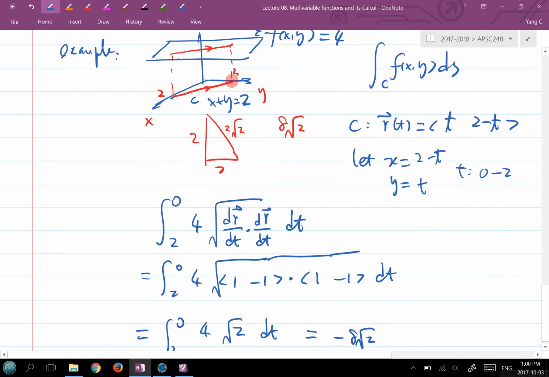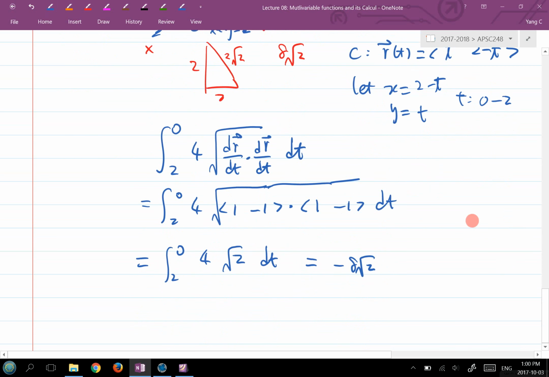I'll think about it too. I don't think what I did was wrong. The direction matters basically. The line integral direction matters. One direction gives me a positive, the other direction gives me a negative here. But how does that relate to the area? Interesting. Let me think about this.